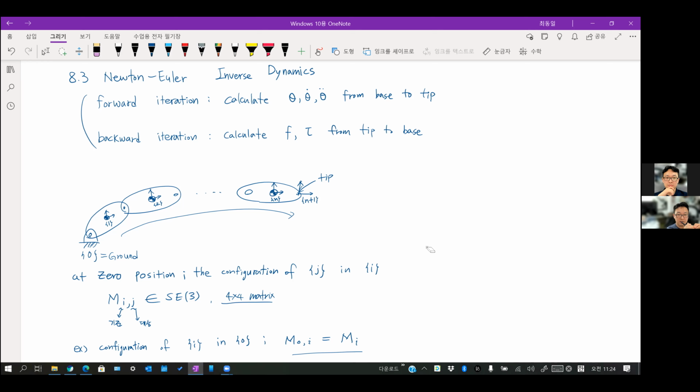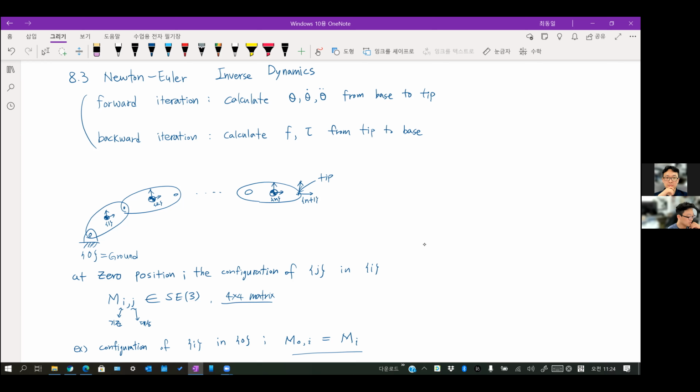So when the base frame is changed, you can have a different speed value. Similarly, if the base speed is changed, your global speed is changed. So when we calculate the speed or acceleration, the important thing is the ground speed. So we start from here to there.